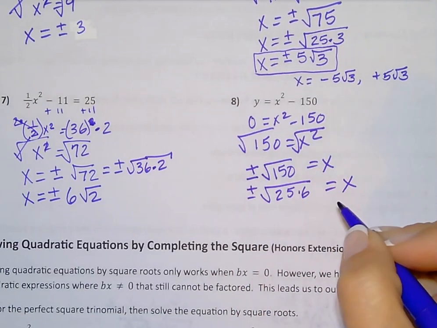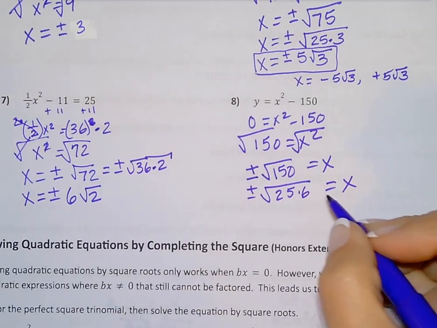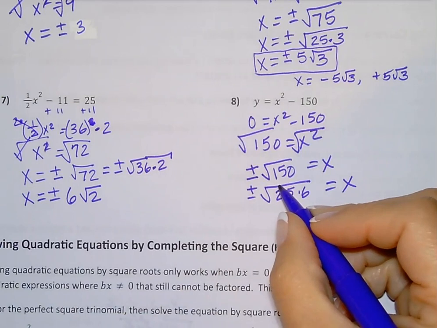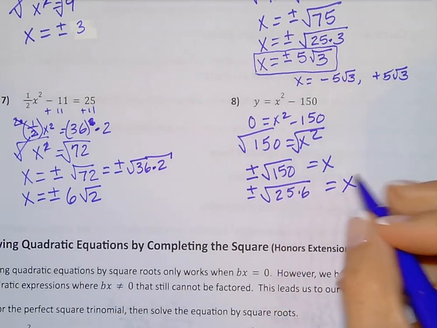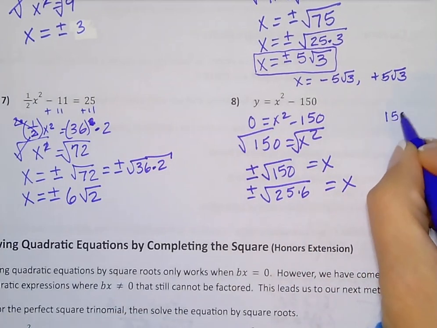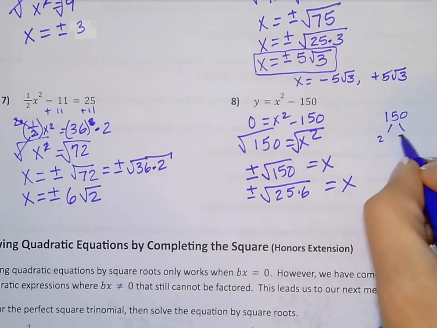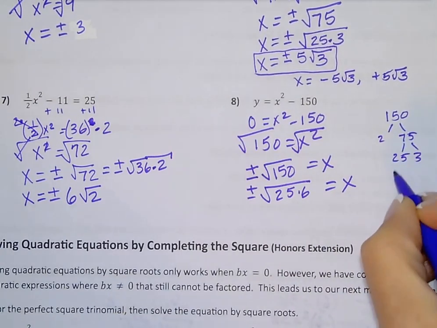And if you didn't know that right off the top of your head, you just want to keep dividing by perfect squares or figure out all of your factors with a factor tree of 150. So remember, you can do this. 150 is really 2 times 75. 75 is really 25 times 3. 25 is 5 times 5.